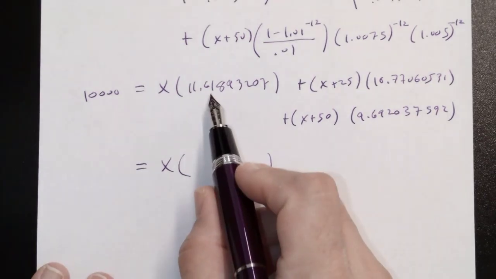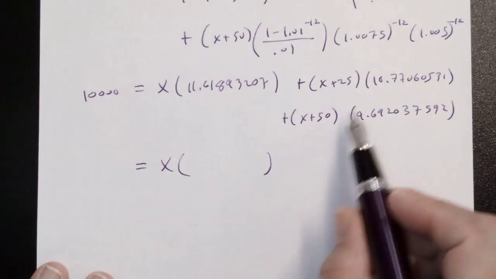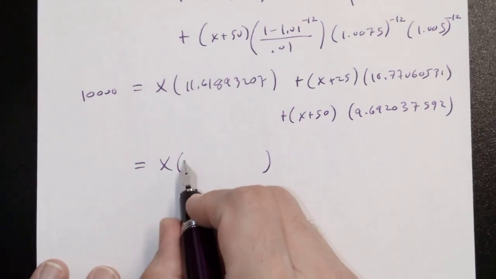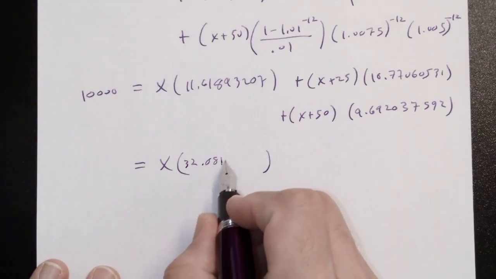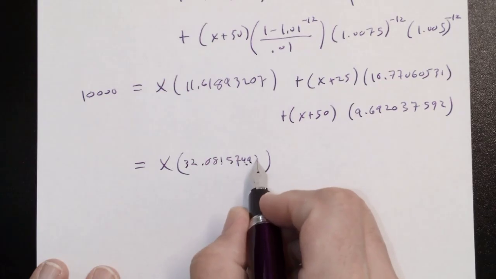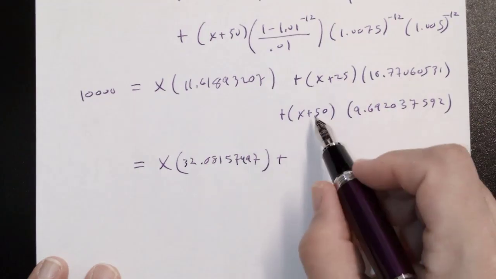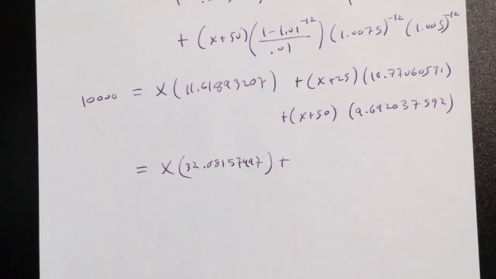Take this number times x, this number times x, this number times x. So I have to add those 3 numbers together. And I get 32.08157497. To get the plus, I take 25 times this number and 50 times this number.